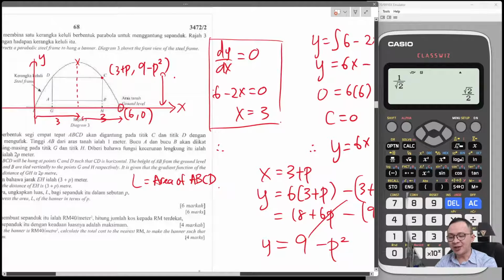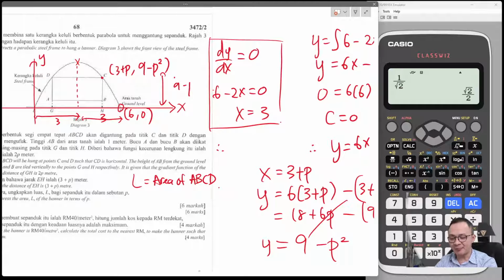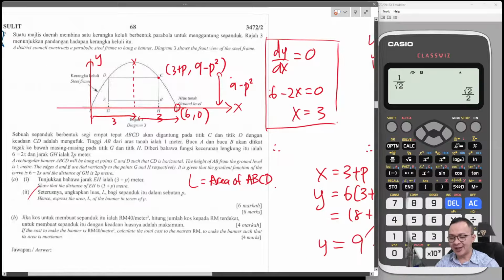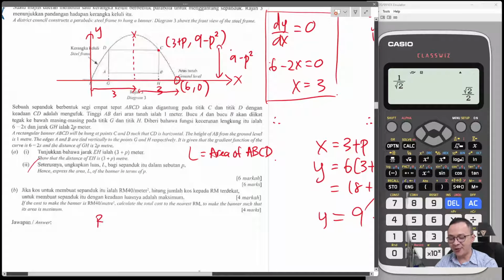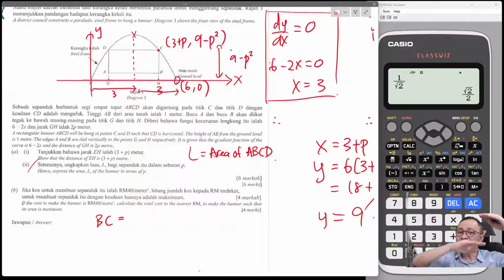So if the total height here is 9 minus p squared, then I can easily know what is my B to C, right? Because 9 minus p squared is from the ground to the point C. But remember they hang the banner at 1 meter. So from the ground still have 1 meter, isn't it? So therefore BC will be 9 minus p squared minus 1 meter.